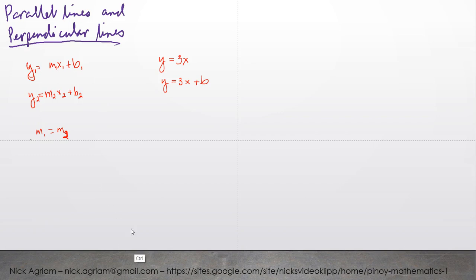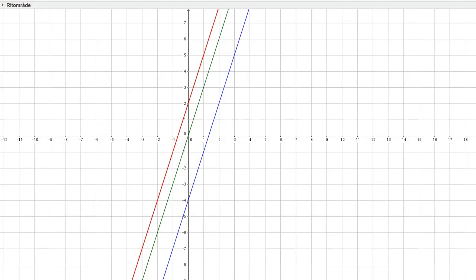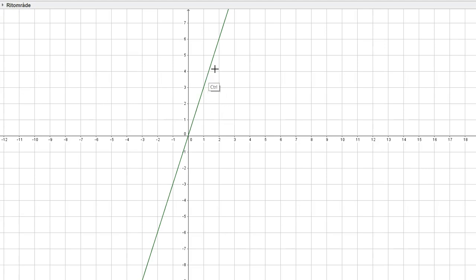So for example, now I'm going to show you. This is 3x. As you can see here, this is the 3x. And then if I have 3x plus 2, then b doesn't matter.